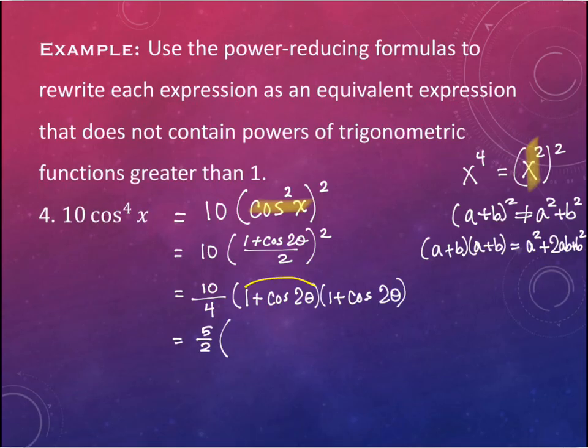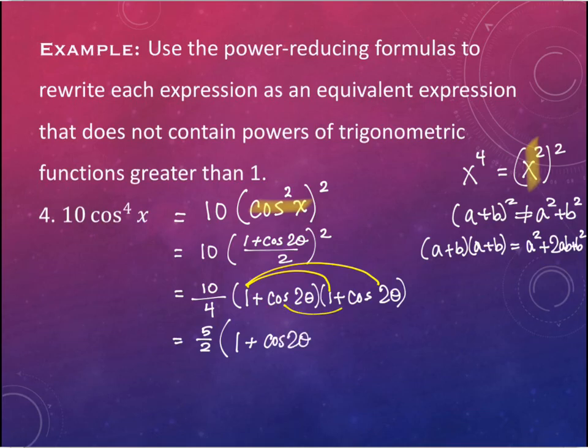So when I multiply my first terms together, we have 1 times 1, so there's 1. My outer terms, I have 1 times cosine 2 theta, so that's plus cosine of 2 theta.